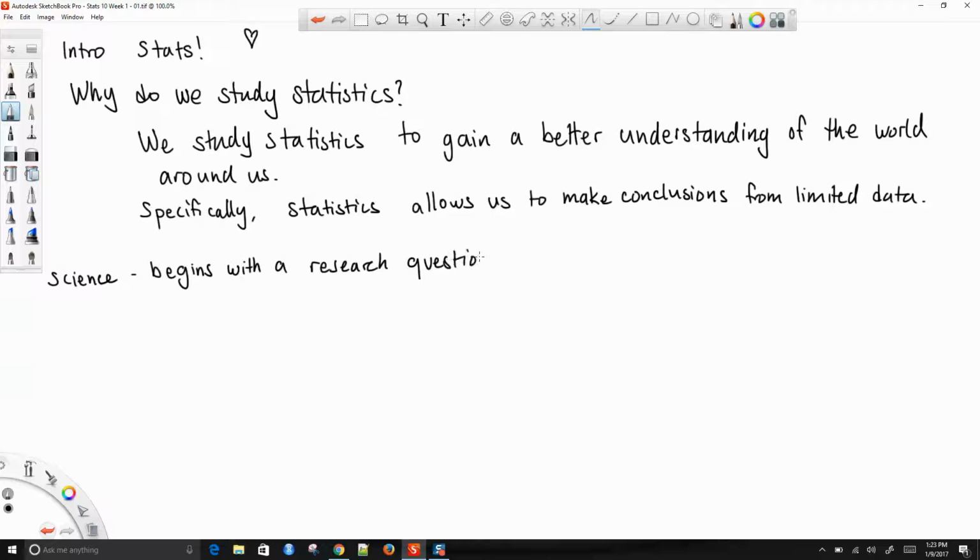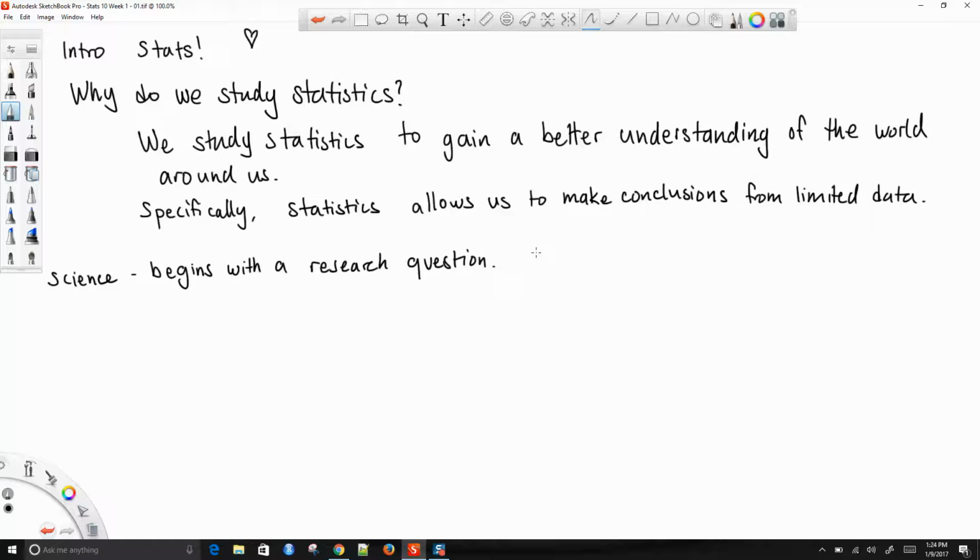A research question being a question that requires a little bit of research. It can't just be a philosophical question where you contemplate things and you just think about the answer. But this is something where you're going to gather some evidence.